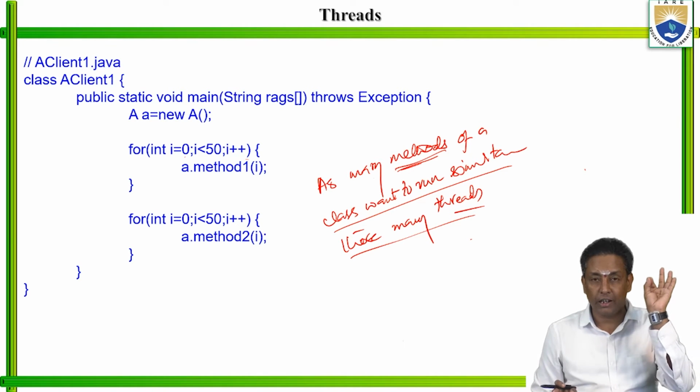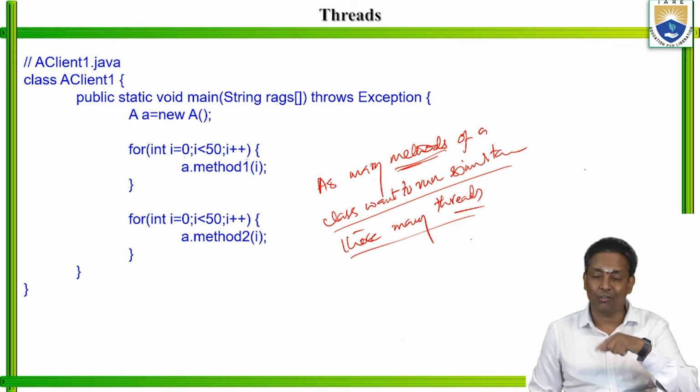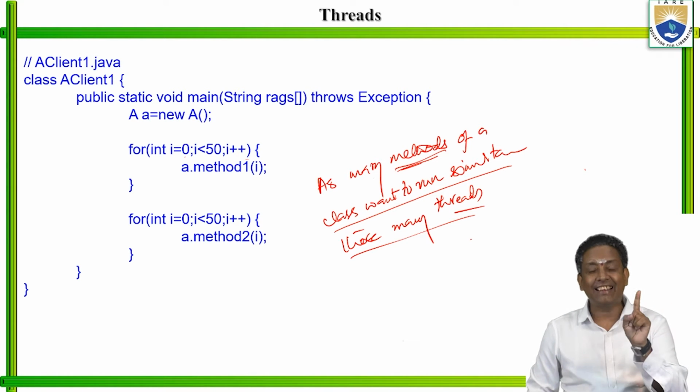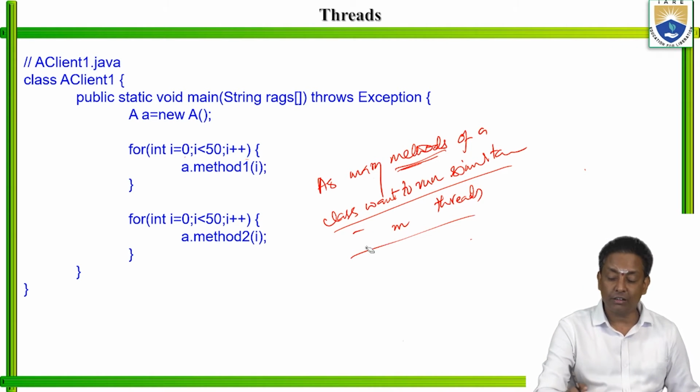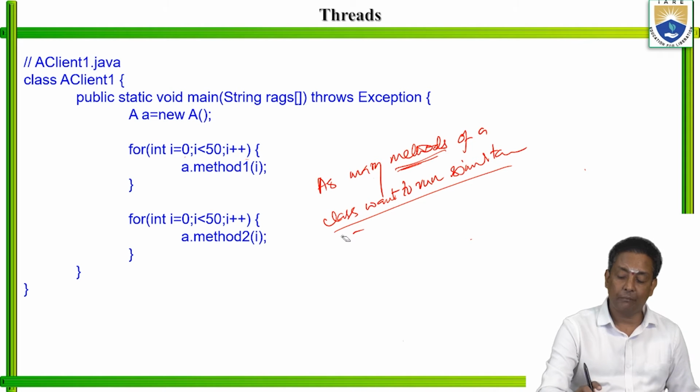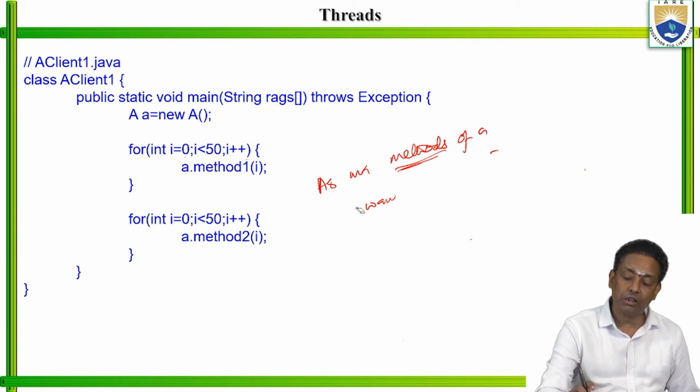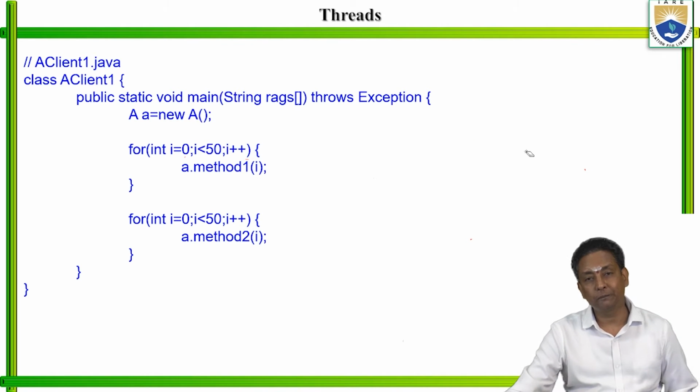One thread for each method, not one method for each thread. As many methods want to run simultaneously, those many threads.